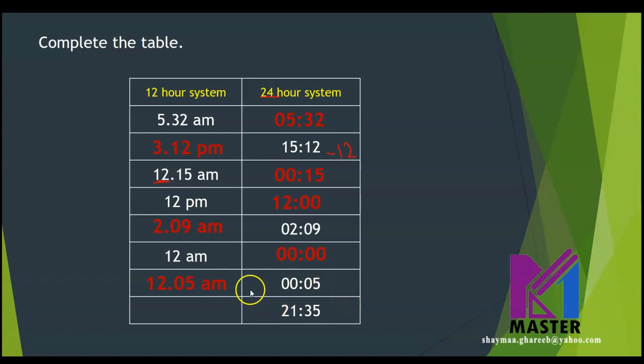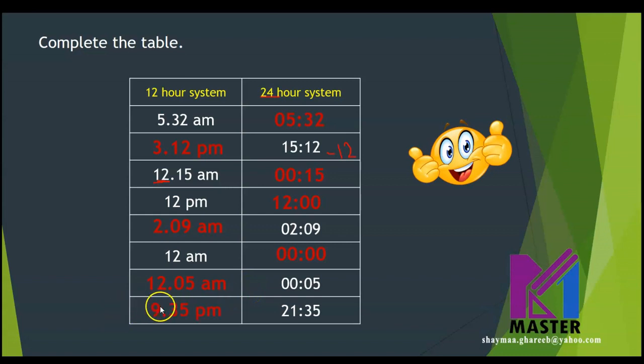So the new time in the 12-hour system will be 9:35 p.m. So as long as the time is 13 or more, I take 12 to write the 12-hour system. If I have p.m. and I want to write the 24-hour system, I just add 12 hours to the number of hours.